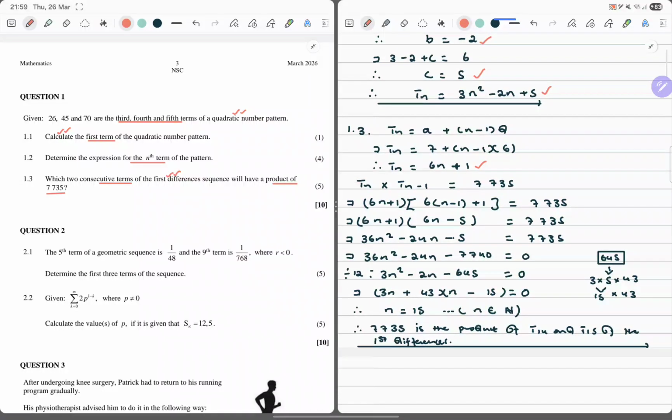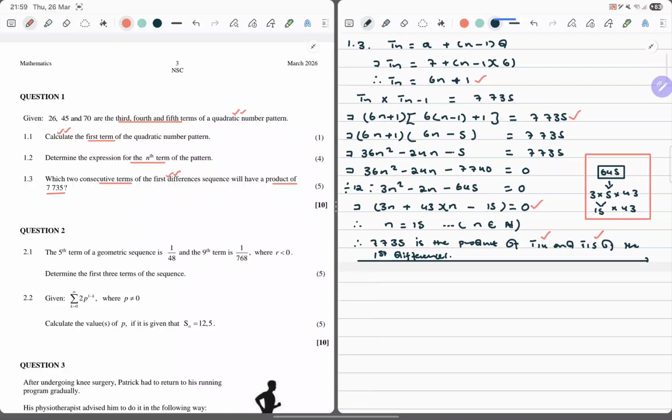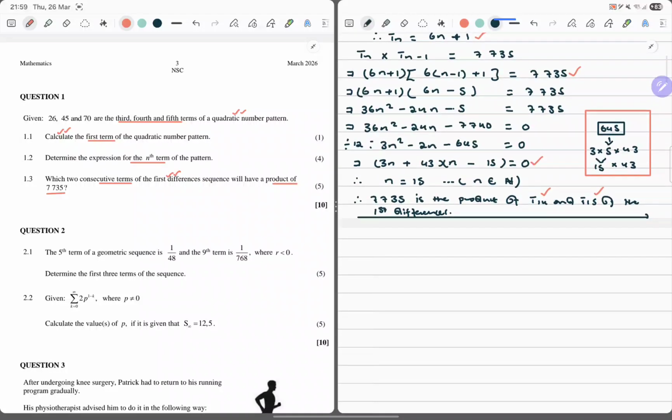So I would say we get a mark for this. We get a mark perhaps for the substitution. And we get a mark for the 2 terms. That was the question. The 5th mark perhaps when we factorize. There are plenty of areas to think about, and of course, if you don't know how to factorize or you're not inclined to factorize, you can use the quadratic formula in here.